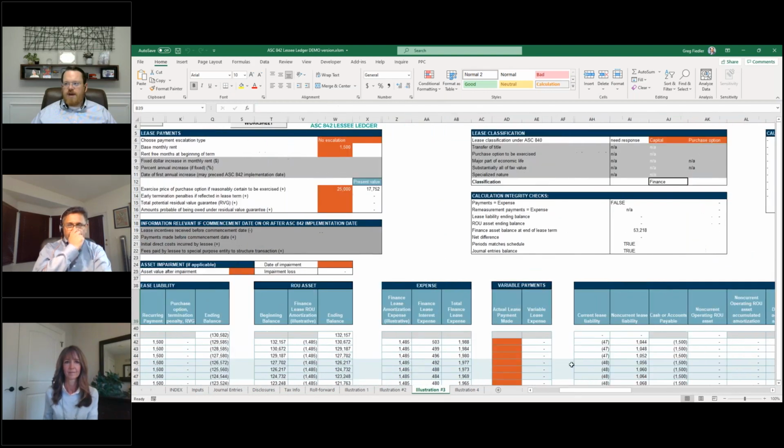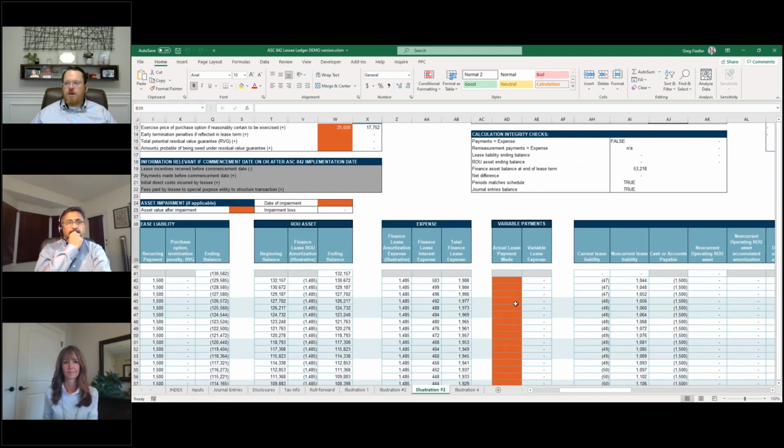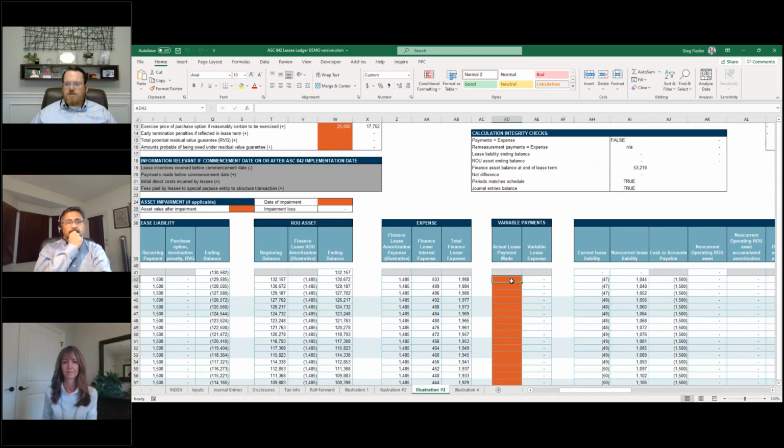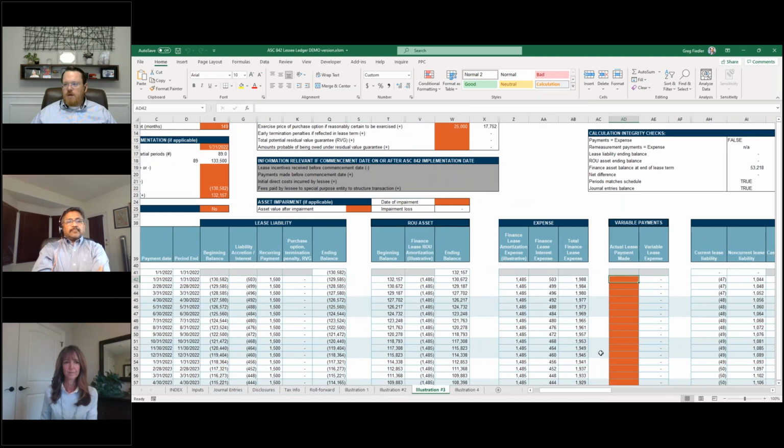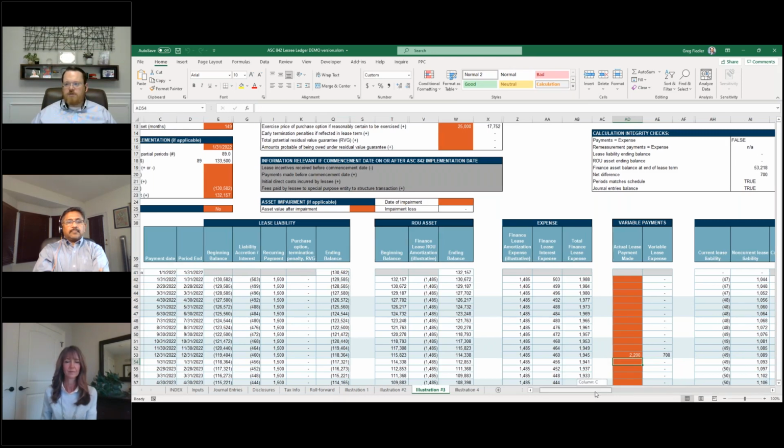And Lessee Ledger provides a variable lease payment column so that when your actual payments differ from your scheduled payments, you're able to enter that in and calculate that information. So we'll say here at the end of the first year, we know that we now owe $700 of maintenance fees because we use the equipment so much. Our total payment was $2,200.